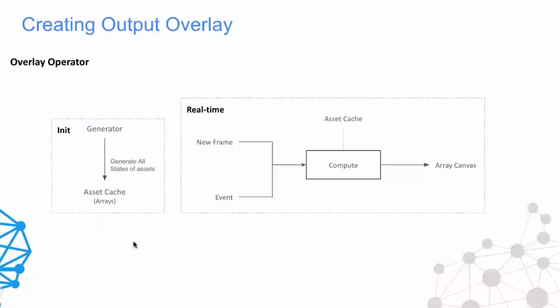we have a separate operator for overlay. During initialization of this operator, there is a generator that generates all the states of all the objects that we saw on the screen. These are cached in an asset cache. During real-time execution, when the compute of the overlay operator is executed, it combines the asset cache information with the dynamic content that it wants to show and creates an array-based canvas that can be overlaid on top of the live feed.